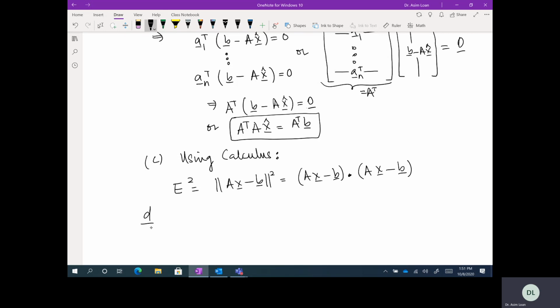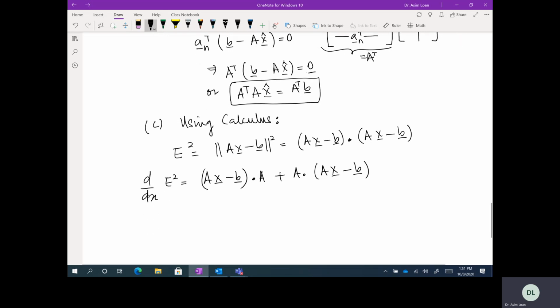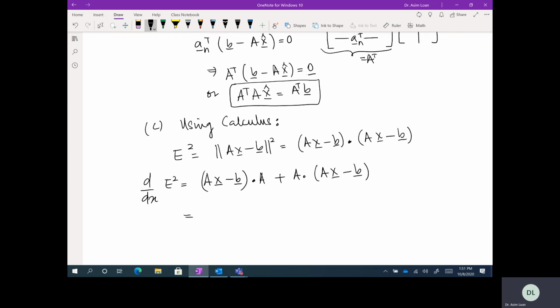So if I do d by dx of E square, I get AX minus B dot A plus A dot AX minus B, since the derivative of AX minus B with respect to X is A. It is simply the same thing whether I do AX minus B dot A or A dot AX minus B.